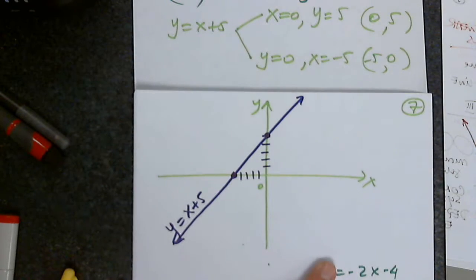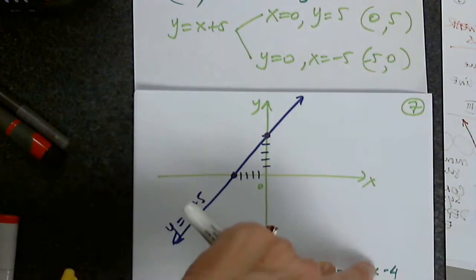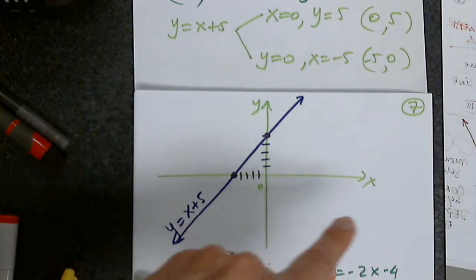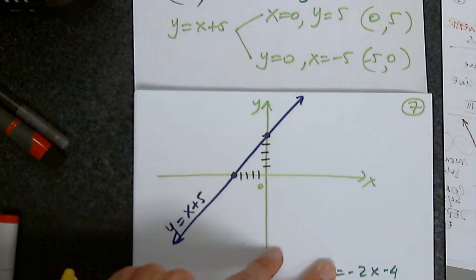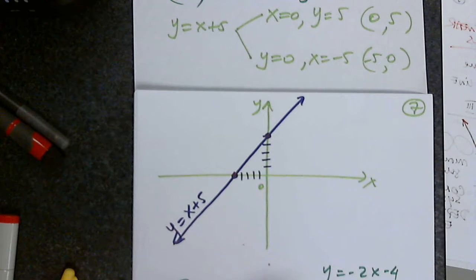When y is 0, remember you have to move negative 4 to the other side, or you move negative 2x to the other side. So I move negative 2x, so I have 2x equals negative 4. 2x equals negative 4. So how much is x?